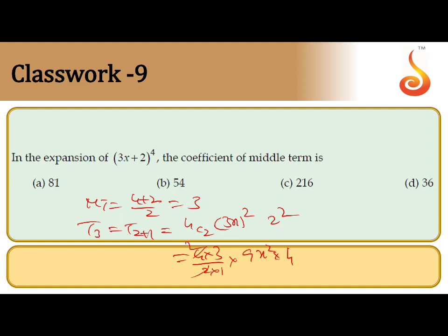So 2 ones, 2 twos cancel. So to get the answer, 2 into 6, 6 into 4 is 24, into 9 is 216 x square. The coefficient of the middle term is 216 only. Do you understand? 6 into 4 is 24, 24 into 9 is 216. The answer is 216 x square. The value of the middle term coefficient is 216.